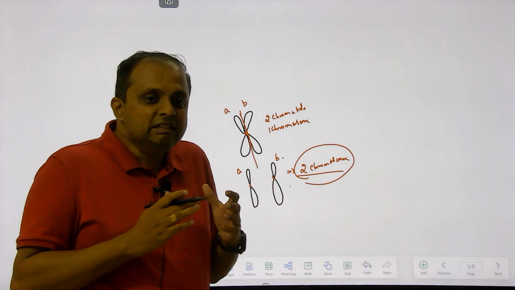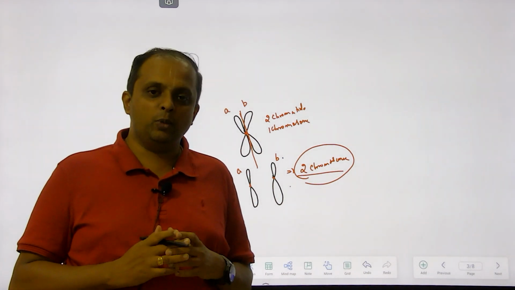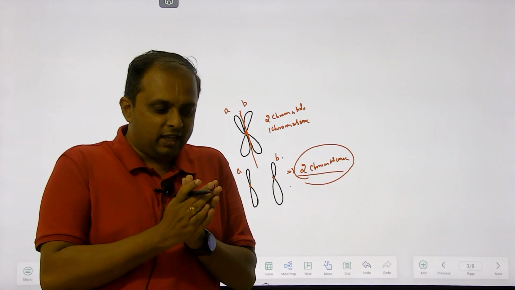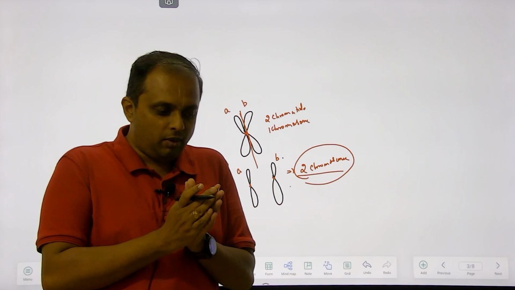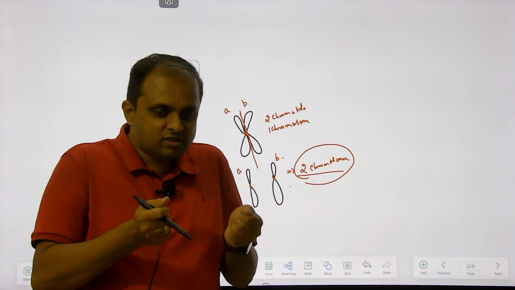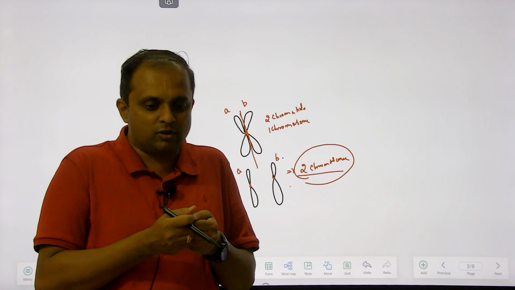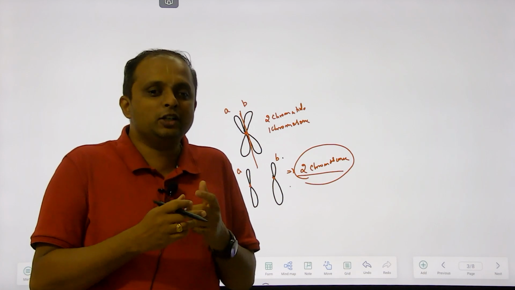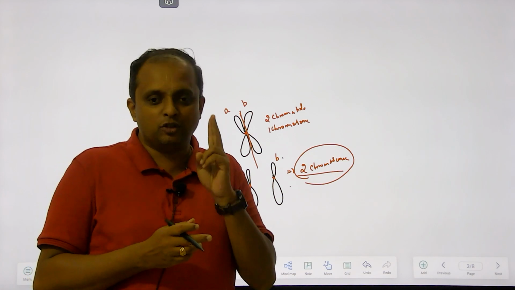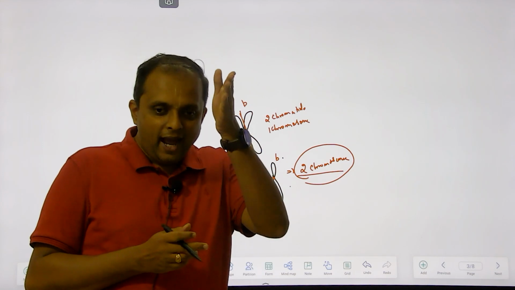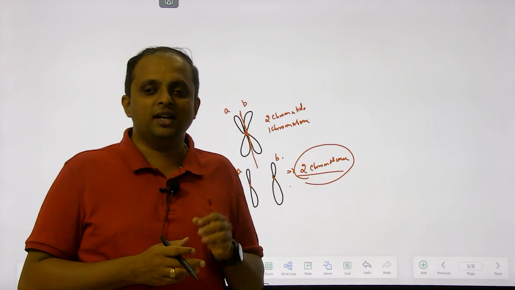This is an important event. When the spindle fiber pulls the centromere, the dyad chromosome is split into two individual monad chromosomes by a division happening at the middle of the centromere.